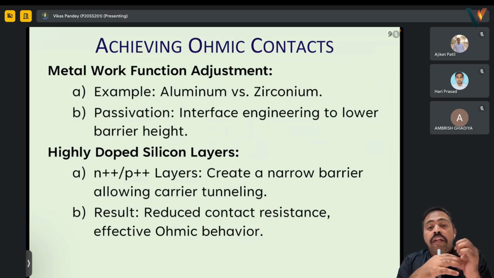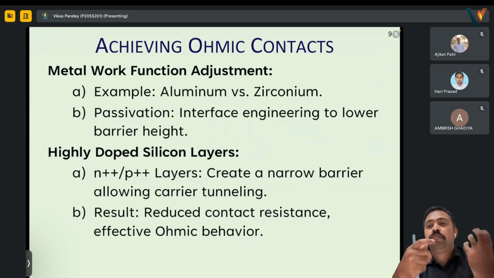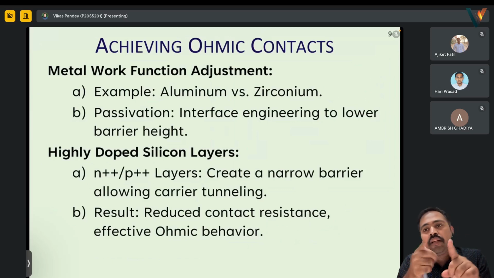Or it is also done that highly doped silicon layers are used as the contact instead of metal as the first contact. A very highly doped silicon layer itself is used as the contact. So silicon and silicon will have no phi b, so conduction is very easy.